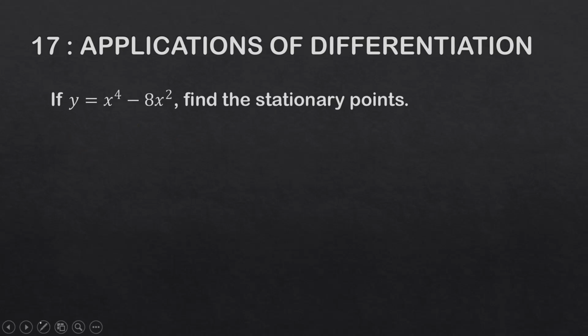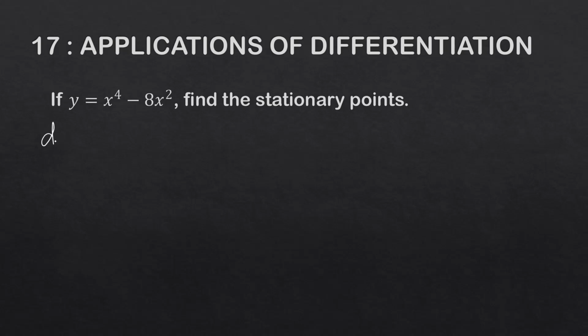Number 17 said, if y equals x raised to the power 4 minus 8x squared, find the stationary points. Oh, this is another question on stationary points. Since I have given you one to try, let me solve this one.